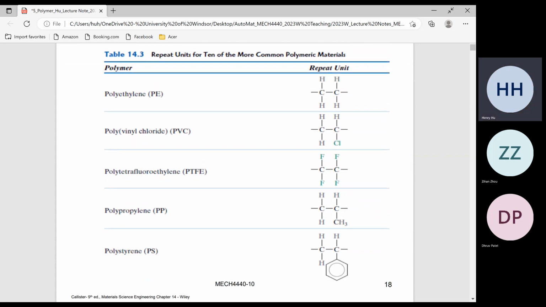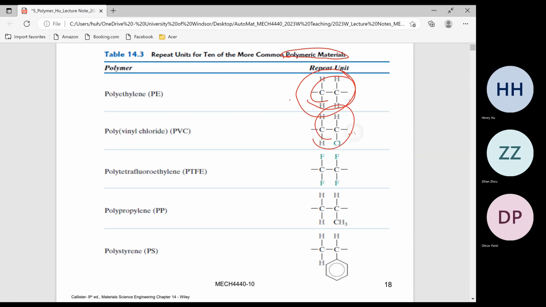In this table, and in the next few tables, I listed a whole bunch of polymer materials, showing you the repeat unit for each different type of polymer. For example, polyethylene, I just mentioned, this is the repeat unit, and for polyvinyl chloride, this is the repeating unit.